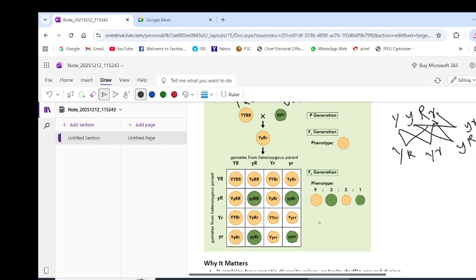So yellow wrinkled. This is also a new combination, different from the parent genotype. And again you can see yellow wrinkled crossed with green wrinkled. Again the recessive wrinkled genes came together, so what happened? Yellow wrinkled. This is again a new gene combination.